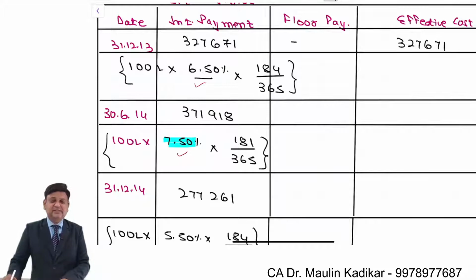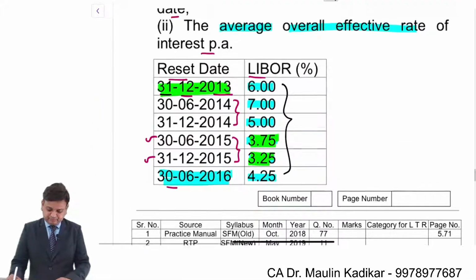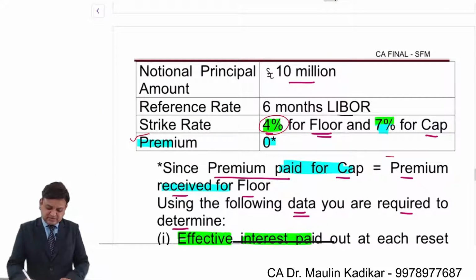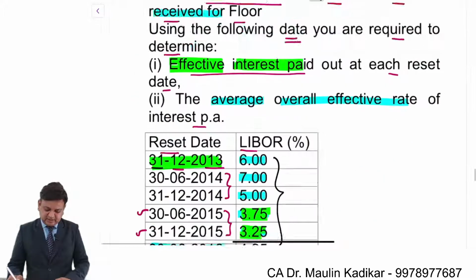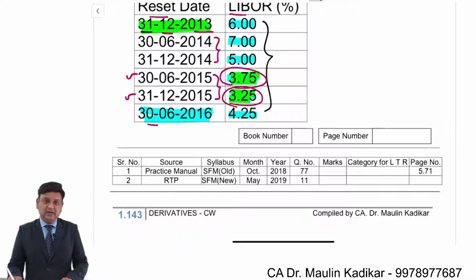When the rate of interest is 7.5, which is exceeding 7, this is the way we are required to give the effect of the interest rate cap. I am making a comparison directly with the floating, so we are not going to receive anything. In terms of the payment, this 4% is compared with the directly floating rate.